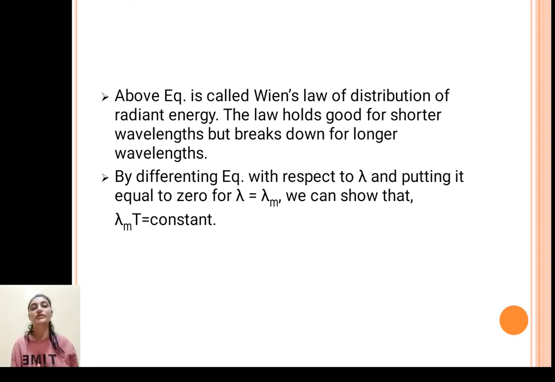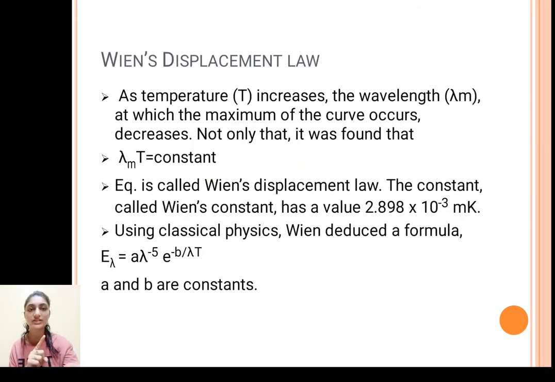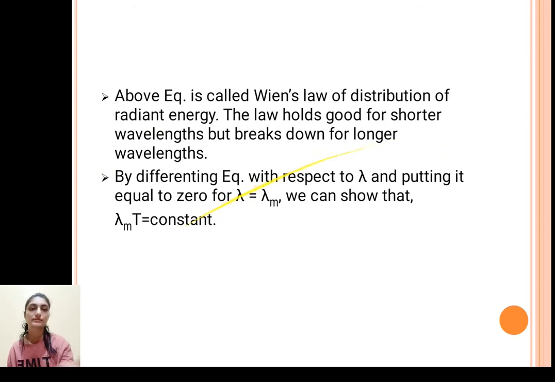So this is a very important point that you have to know, that Wien's law is applicable only for shorter wavelengths. If we differentiate that equation with respect to lambda and equate it with 0, we can show that lambda m into T equals a constant. So Wien's law of distribution of energy reduces to the same formula at shorter wavelengths.